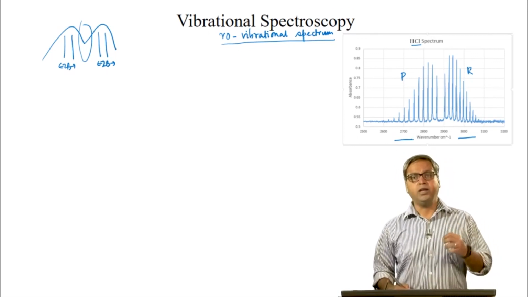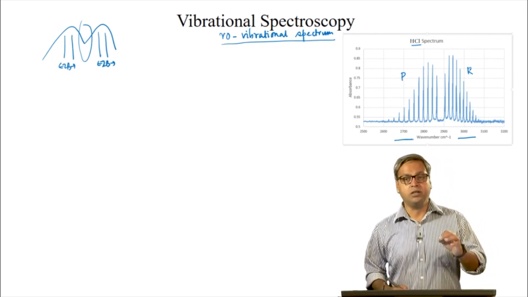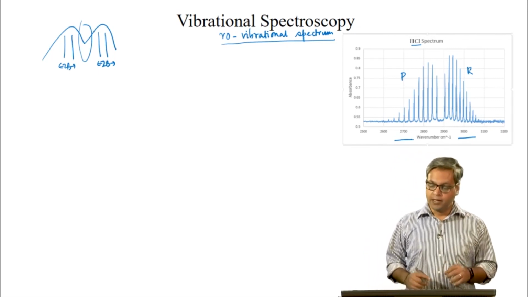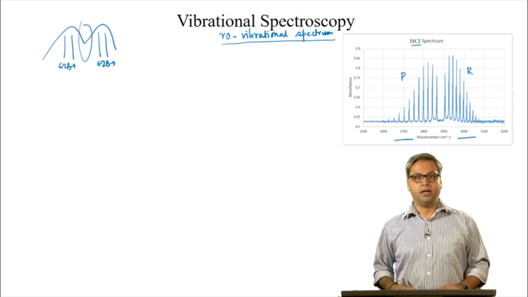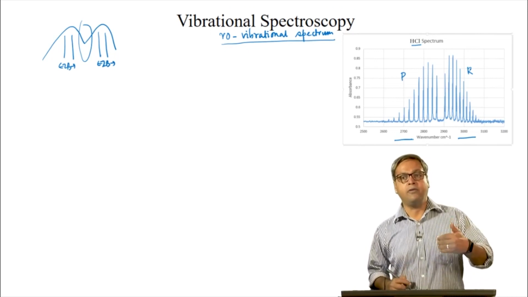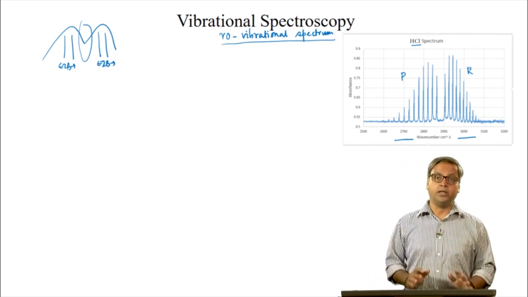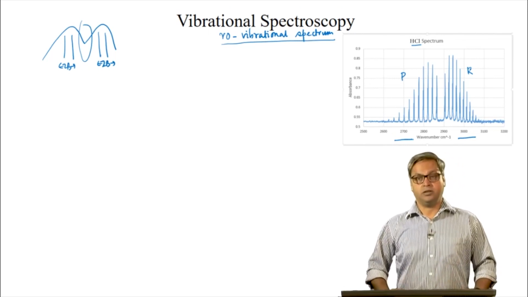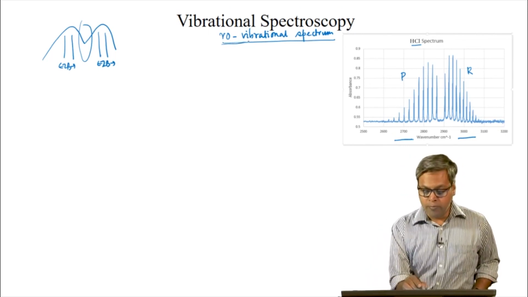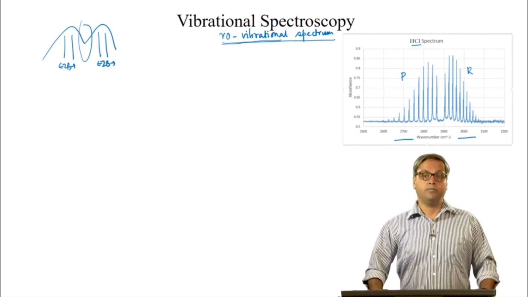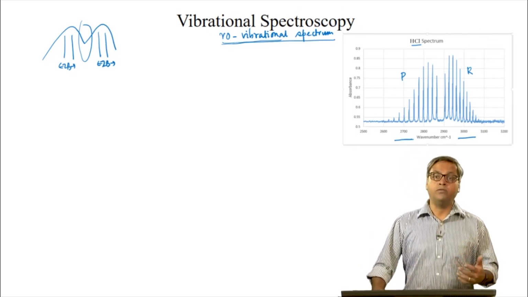So, we need to find out why the rotational fine structure is becoming crowded as we go to higher and higher frequencies. This does not agree with our previous discussion on Ro-vibrational spectrum. So, how can we resolve this contradiction?